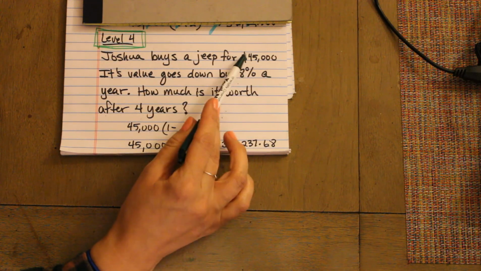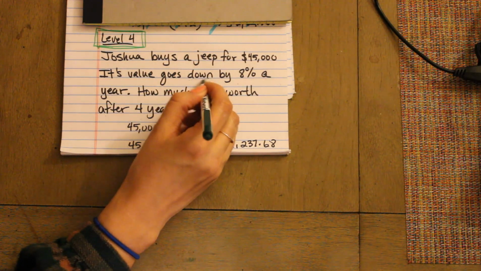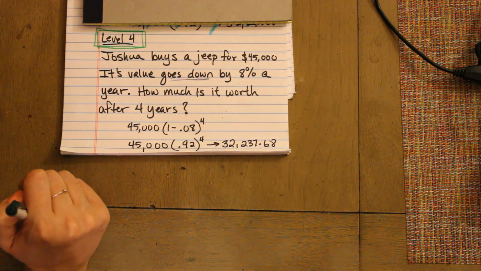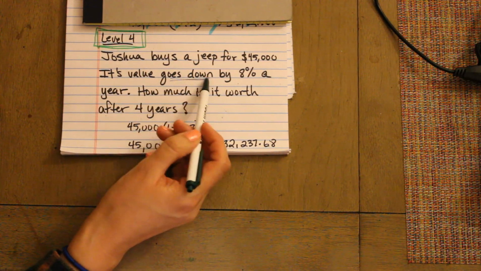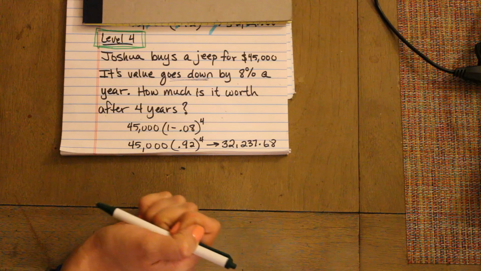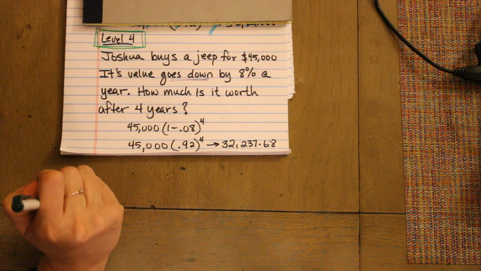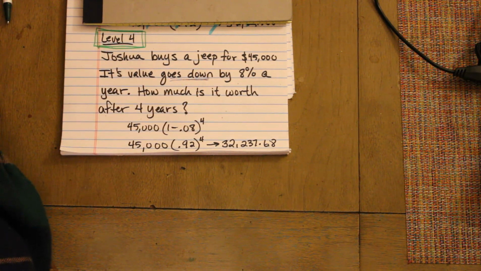Definitely less than 45,000. And that's right, because the value goes down, therefore we're using a subtraction sign. Okay, you have to read into the story to know that this signifies that we're going to be decaying. We're using a decaying function, so we have to subtract. So those are the 4 levels that we've been building up to this whole time.